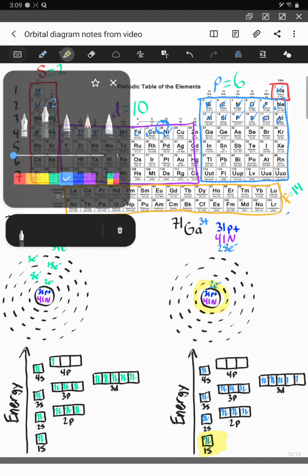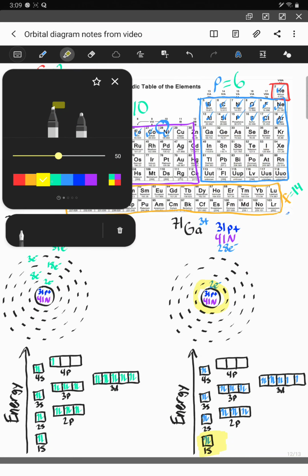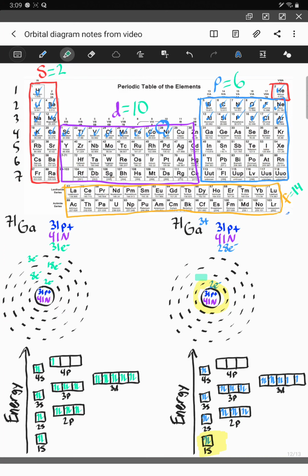The second energy level, everything labeled with a 2, we are going to have 1, 2, 3, 4, 5, 6, 7, 8. We have 8 arrows drawn in, which is going to correspond to 8 electrons. So 8 electrons there.